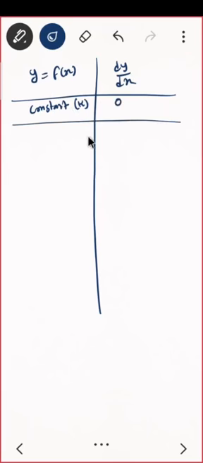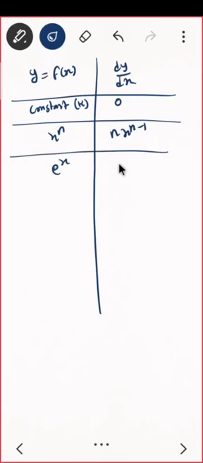And what is next? Derivative of x raised to n is n x raised to n minus 1. Correct? And if I say the derivative of e raised to x, the derivative is e raised to x again. Derivative of a raised to x is a raised to x log a.